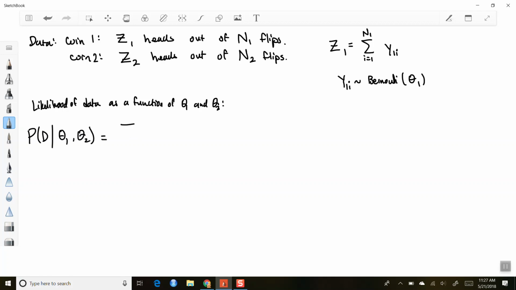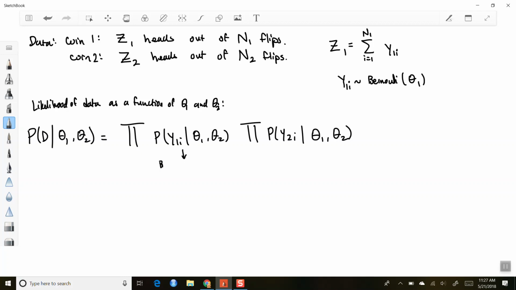This is going to be the product of our y1 sub i's given theta 1 and theta 2, and the product of your y2 sub i's given theta 1 and theta 2. And this is just a Bernoulli likelihood, and so is this.